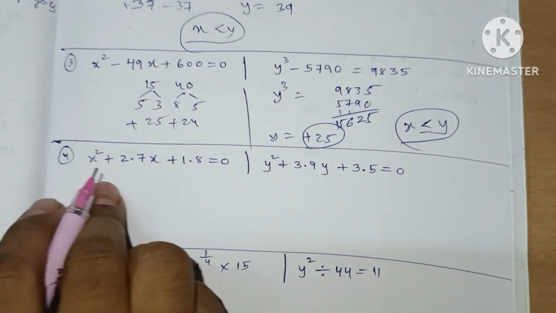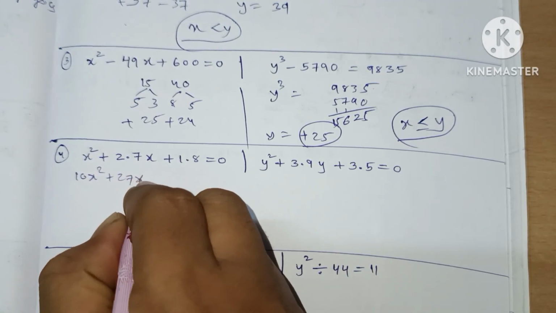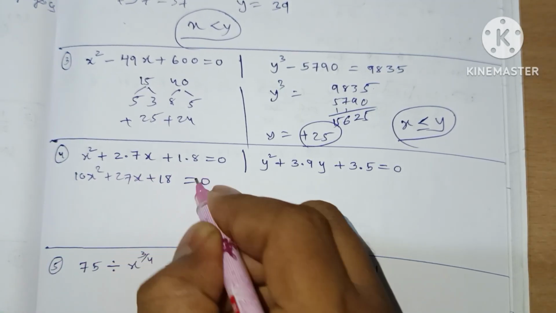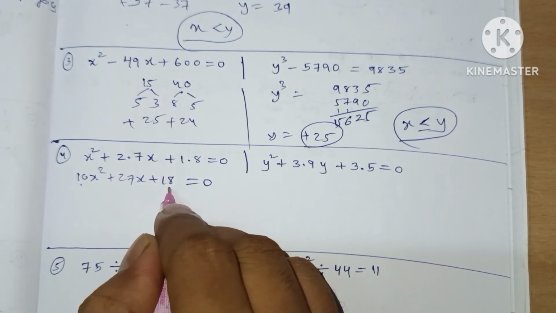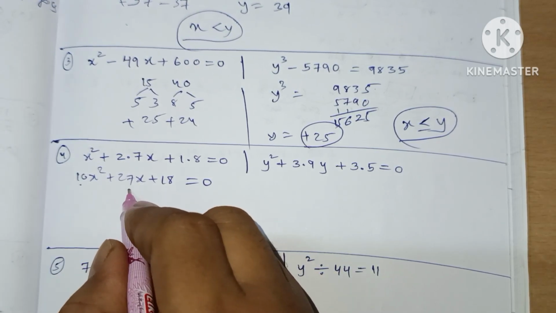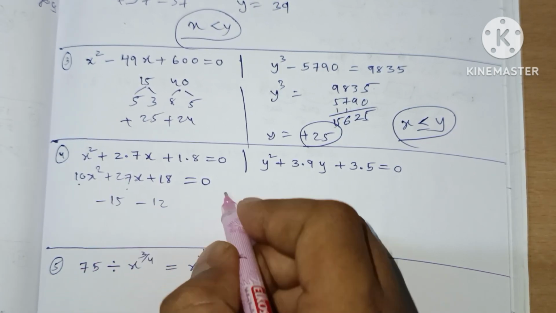Next, fourth question. First we need to multiply this with 10. 10x square plus 27x plus 18 equals 0. 180, 10 into 18, 180, we need to get 27, 15 and 12 times, and the roots are negative.